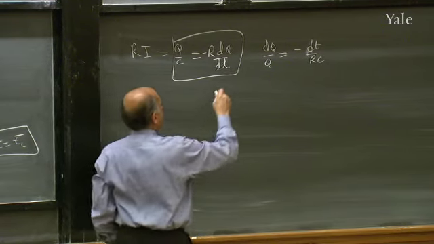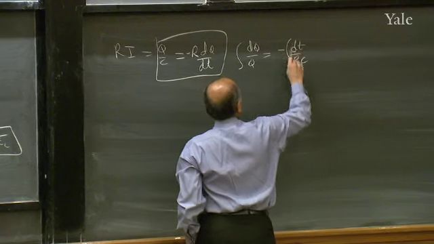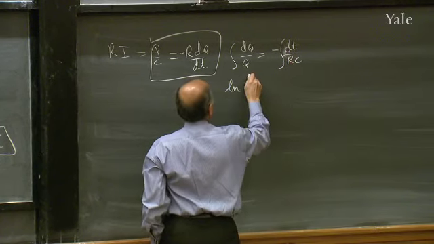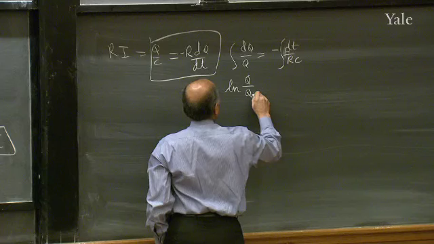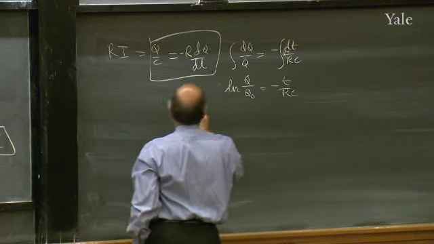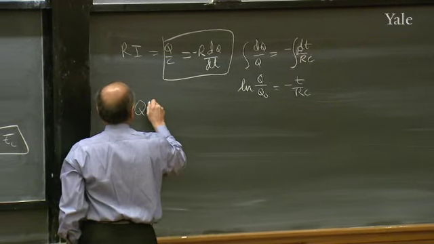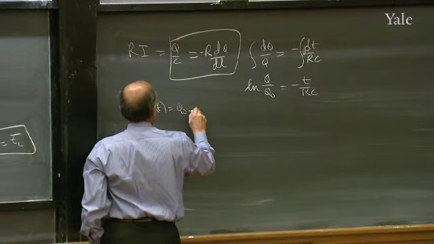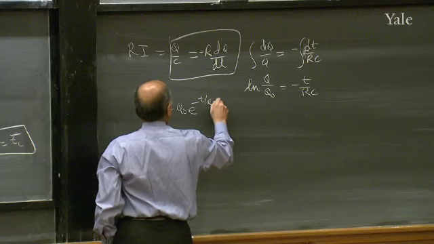Now, if you integrate that from starting to finish, this will give you log of q over the initial q will be minus the time divided by RC, or q of time t will be q0 e to the minus t over RC.